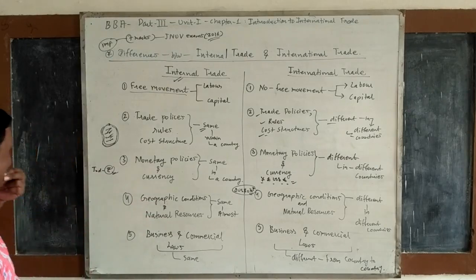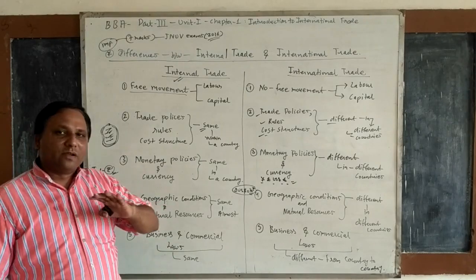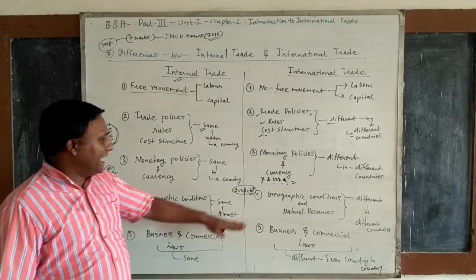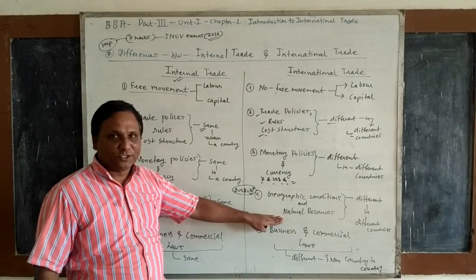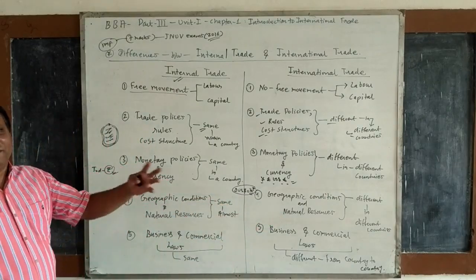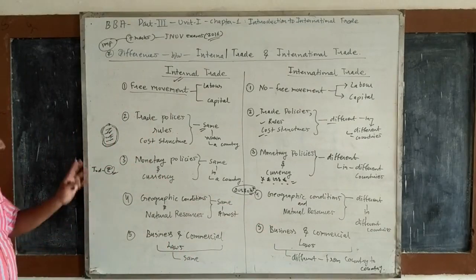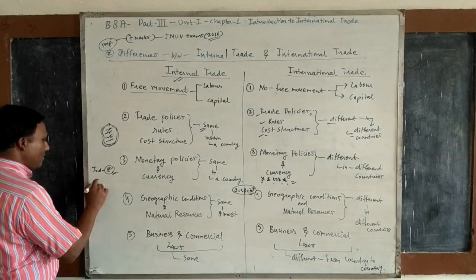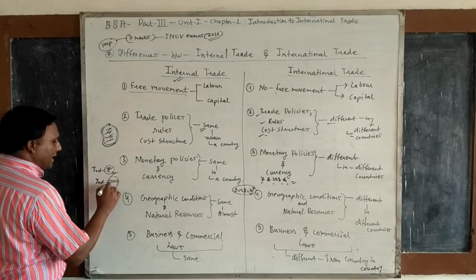While in case of international trade, we see that there are diverse differences in terms of geographic conditions as well as natural resources. Country to country, there are a lot of differences. As you see, India comes around the equatorial area.